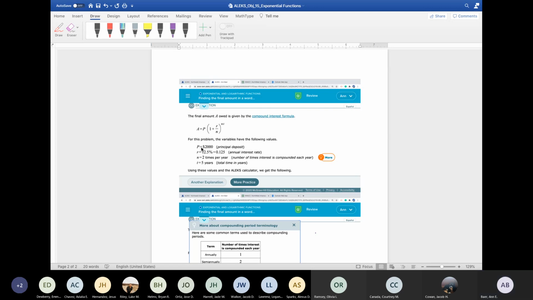P is the principal, or the deposit, or how much money you invest or borrow. So like in our problem, the person is borrowing $8,000. That would go in for the P. It's the amount you deposit or borrow. So you might want to write that down.